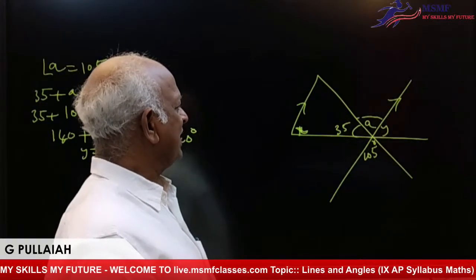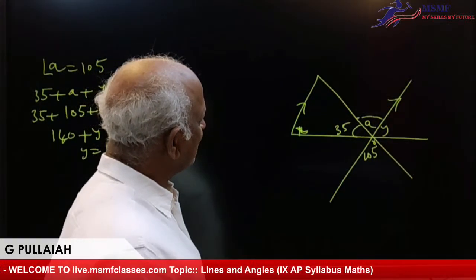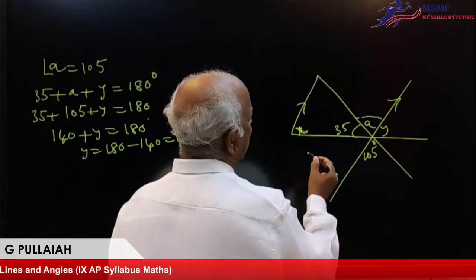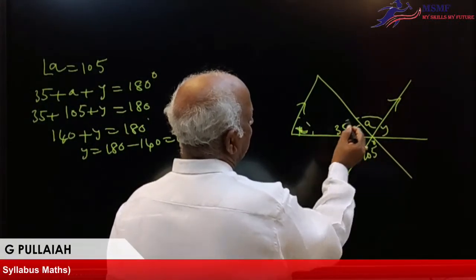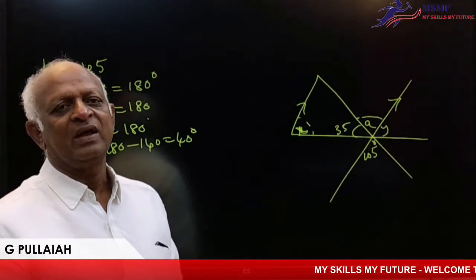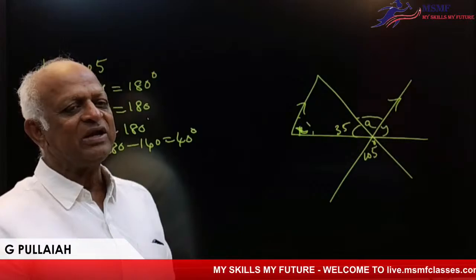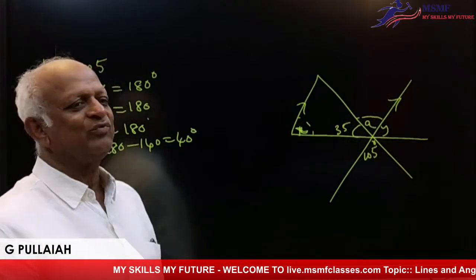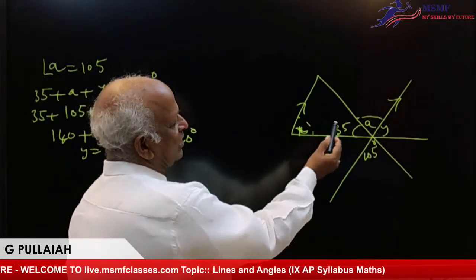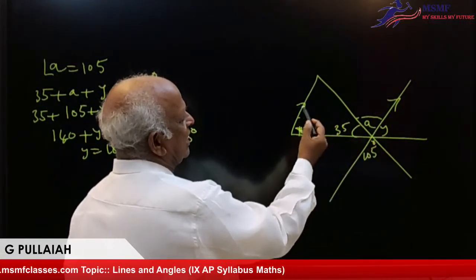Understand? Then if Y is equal to 40 degrees, what is the relationship between X and Y here? Think very carefully. X and Y are the corresponding angles, because these arrow-marked symbols are parallels.